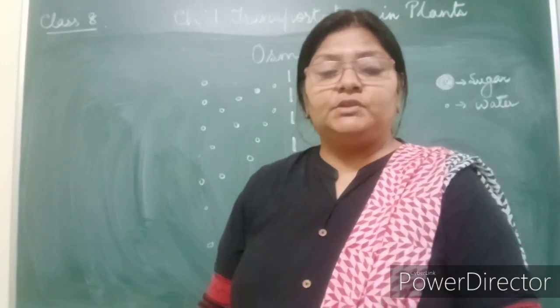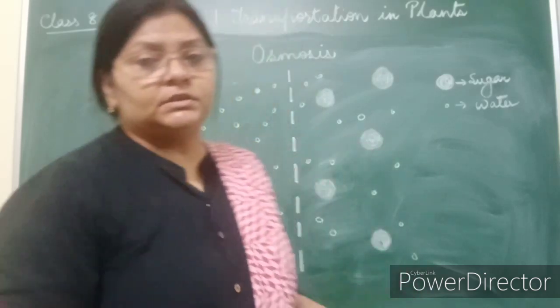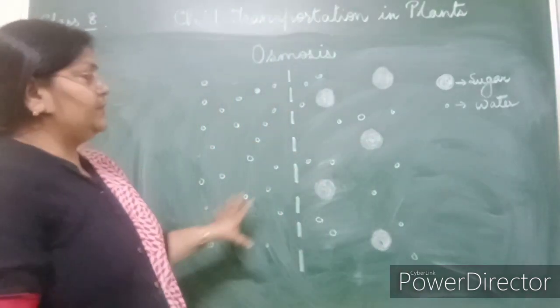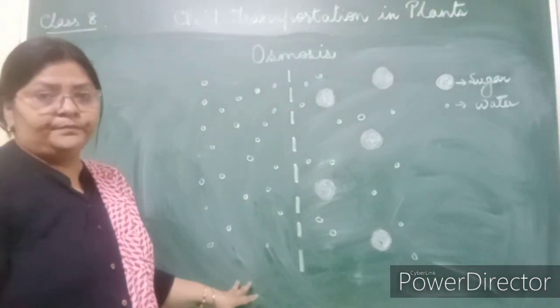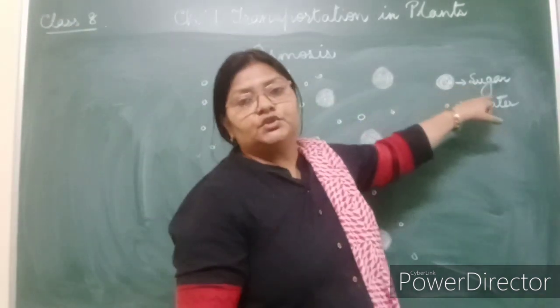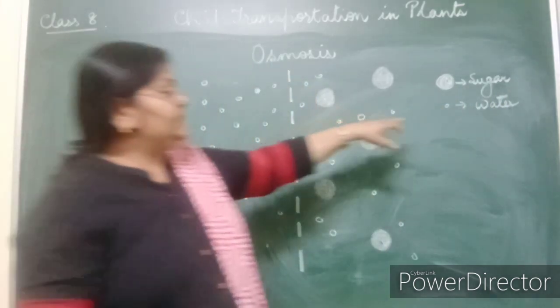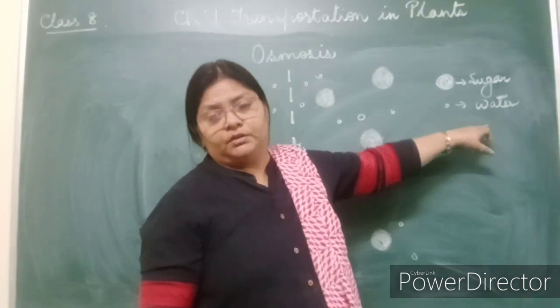Now I'm coming to another process that we study, that is osmosis. For this, carefully observe this diagram. The bigger dots that you see represent sugar molecules. The smaller dots represent water molecules.